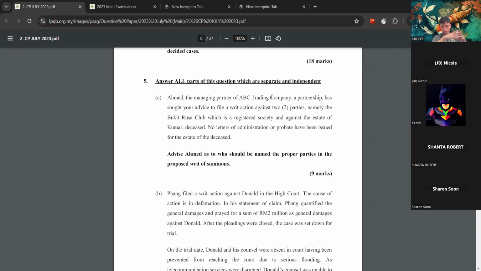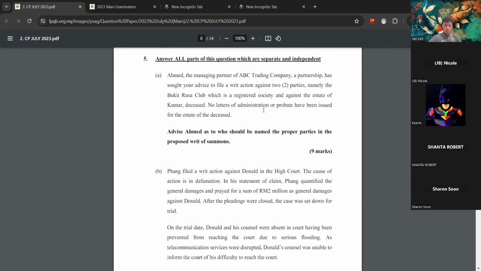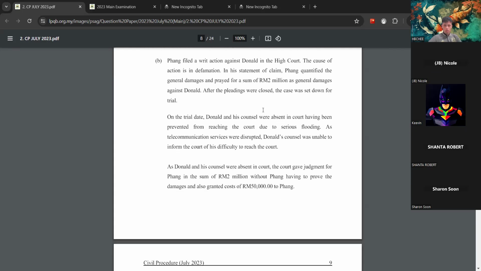Because as a sole proprietorship, this is how you cite the parties in the action. This is how a sole proprietorship is to be named as a party.